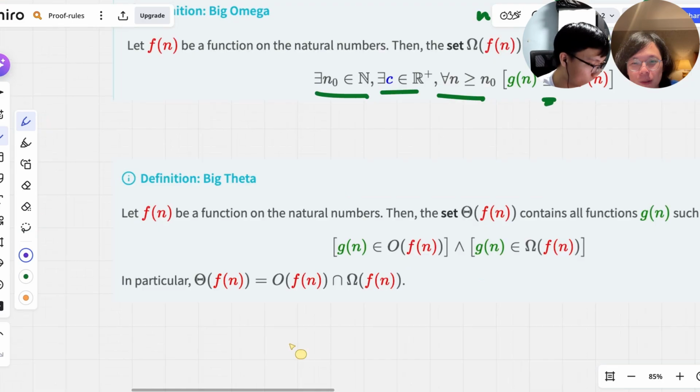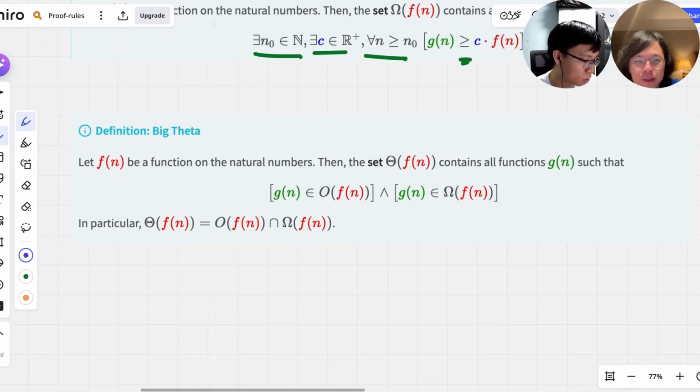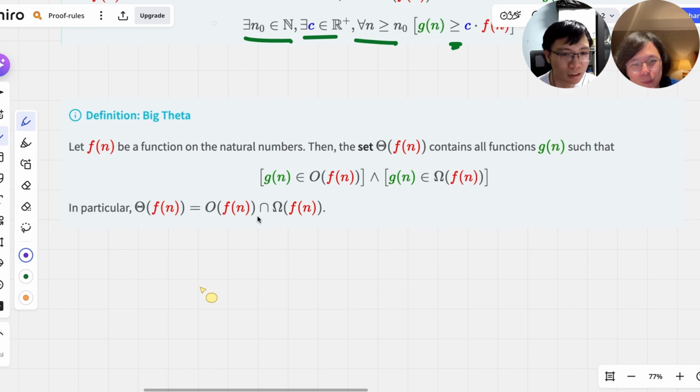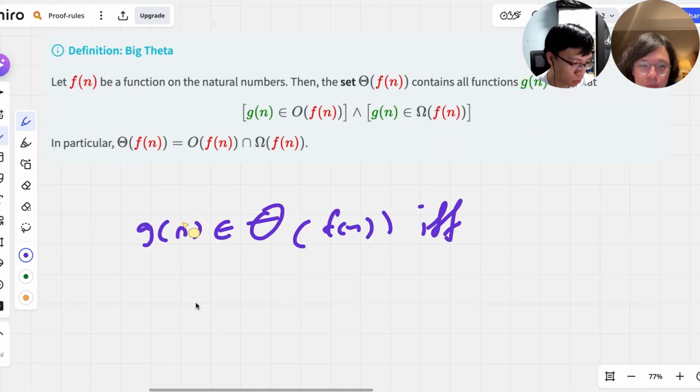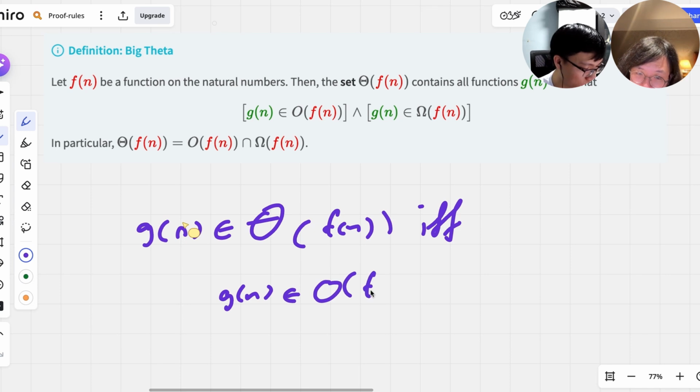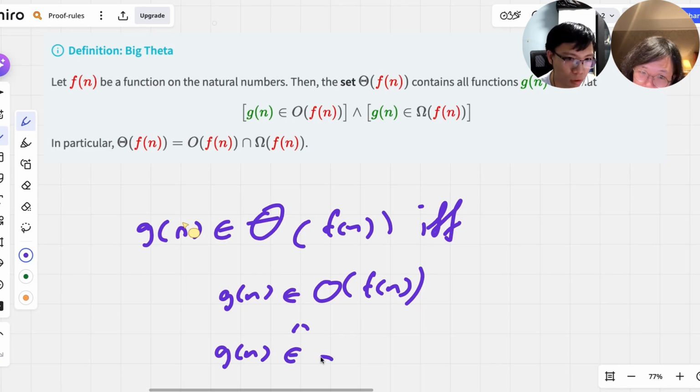Okay, so the last thing we talk about is theta, which I know is the third definition and all, but it's pretty simple. We're going to say that Gn is in theta of Fn if and only if Gn is in O of Fn and Gn is in omega of Fn.